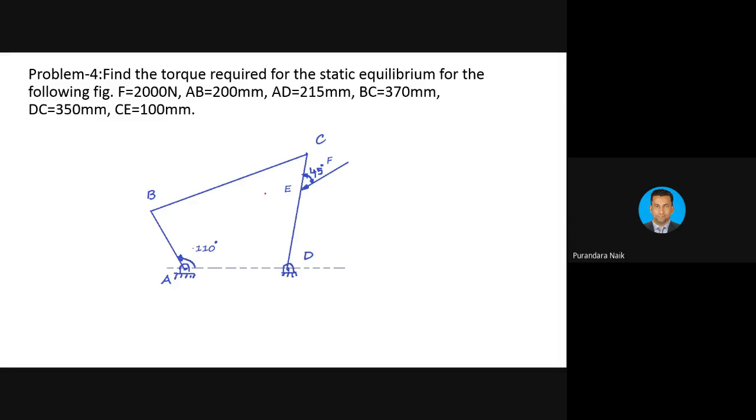Okay. The next one, fourth problem, please copy this. It is on a 4-bar chain mechanism, okay? Write down. Fourth problem, please copy this. Draw the freehand sketch. Later you can draw the actual scale, okay?